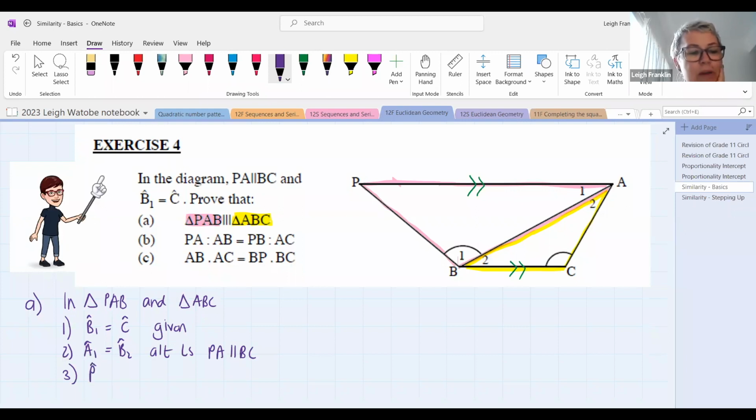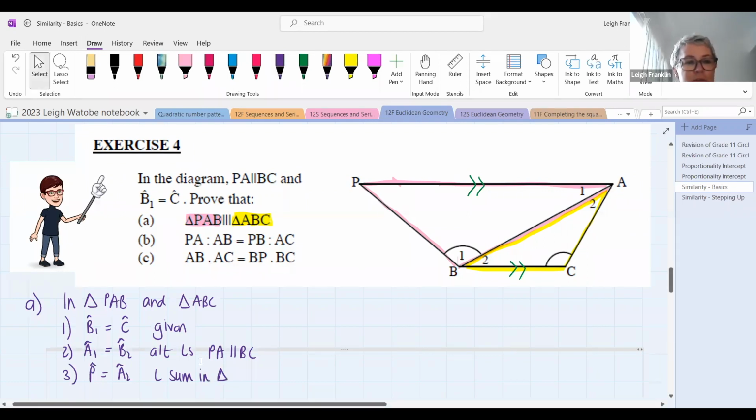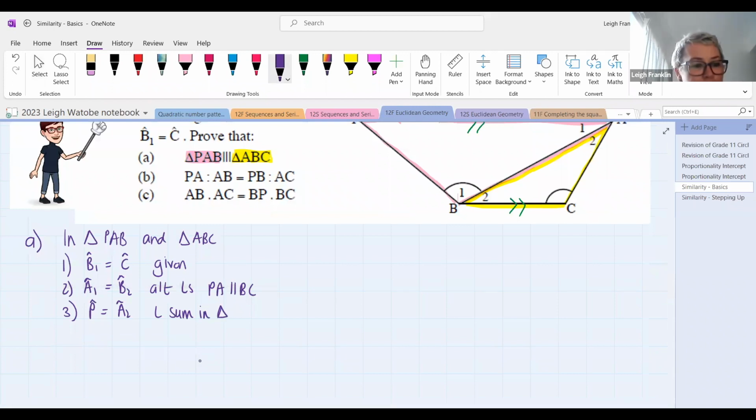So angle P is equal to angle A2. And what was your reason here, Omokolo? Angles of a triangle add up to 180 degrees. Lovely. Well done. Absolutely brilliant. Perfect. Therefore, triangle PAB is congruent to triangle ABC.